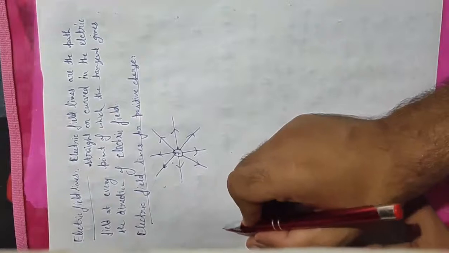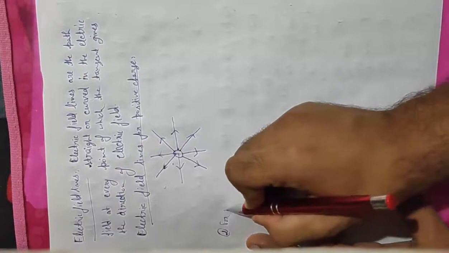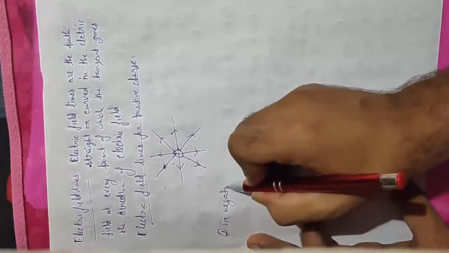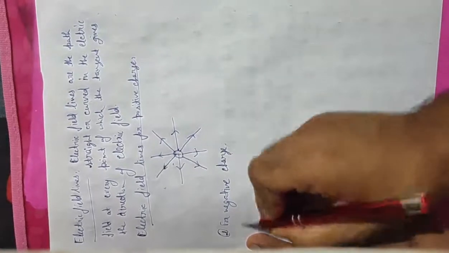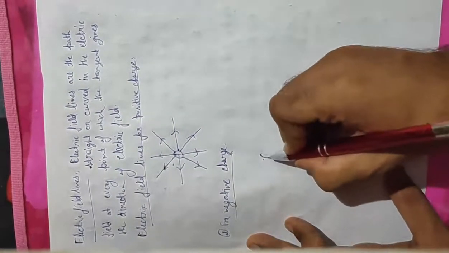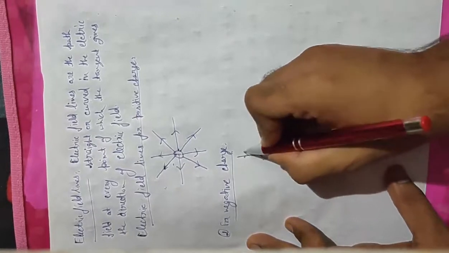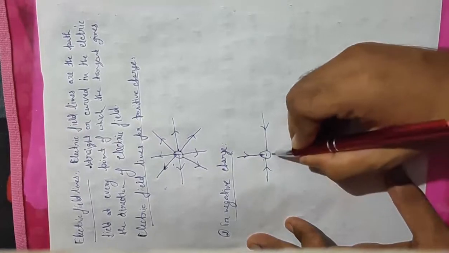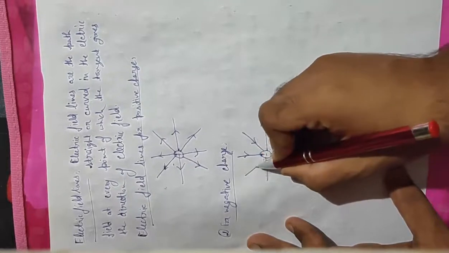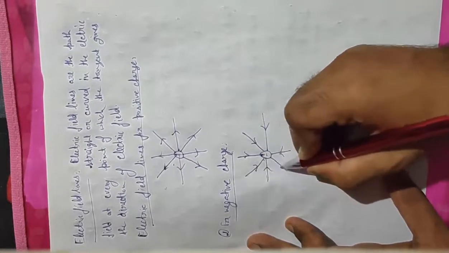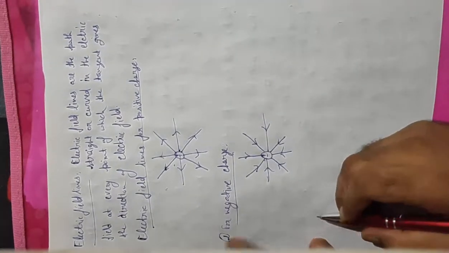Now, second case, for negative charge. These are also straight lines, but these will be radially inward. Now for the pair of charges.